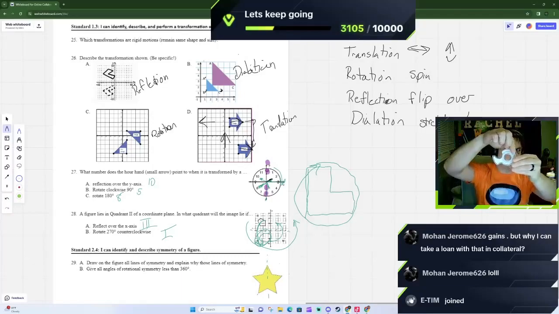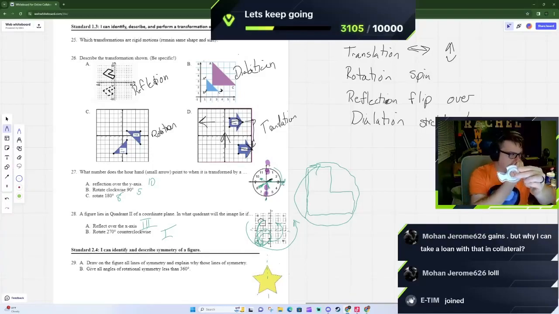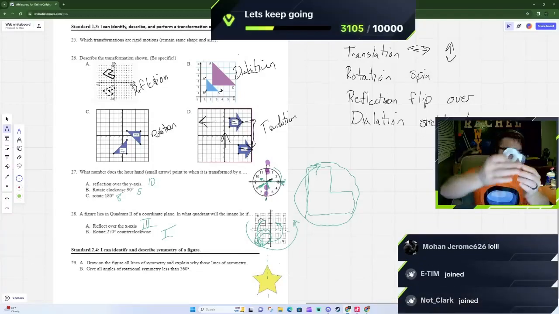I can't spin this except one full rotation to get it back to here. And if it has rotational symmetry, it means that it will eventually look like this before I get back to the 360 degrees. If it doesn't have rotational symmetry, it means that the only time it looks like itself is at 360 degrees.